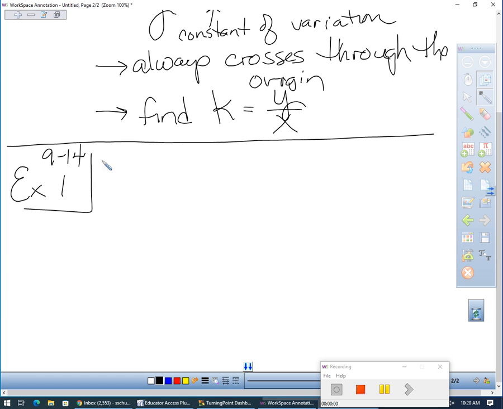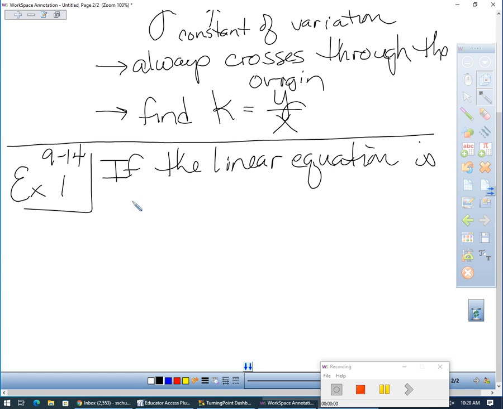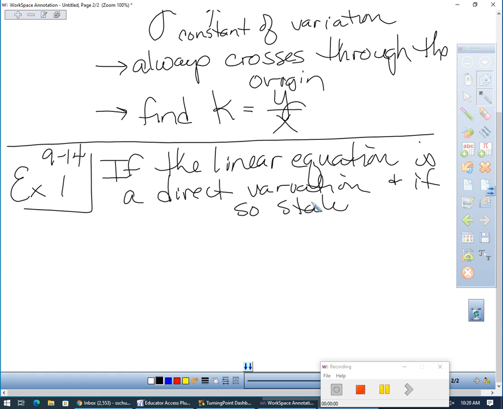It wants to know if the linear equation is a direct variation and if so, state k. All right. So over on the side next to this example, here's what I want you to put.